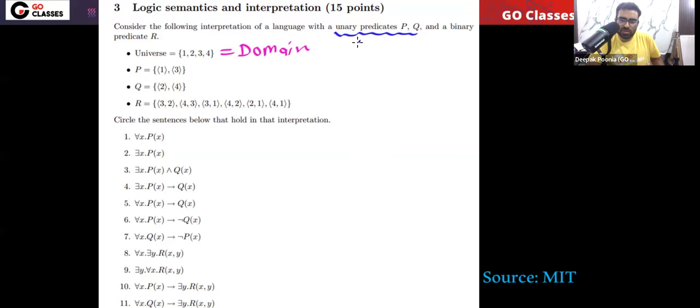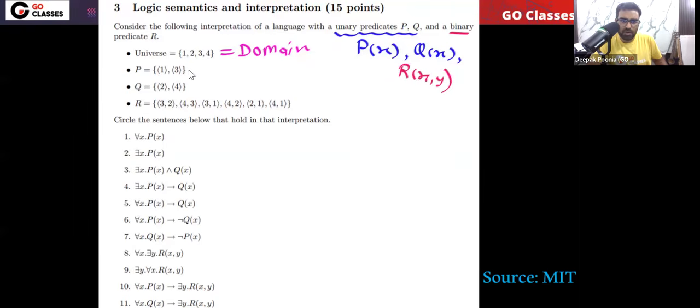Unary predicate means it's like p(x), q(x). And r is a binary predicate, which means r(x, y). This is very simple. P, q are unary predicates, so they are defined over one variable. R is a binary predicate, so it is defined over two variables.